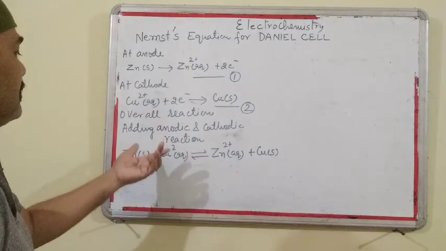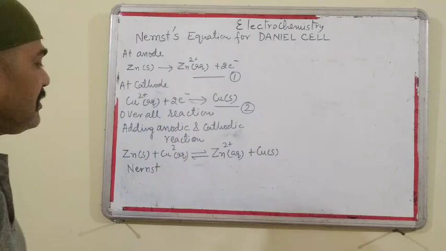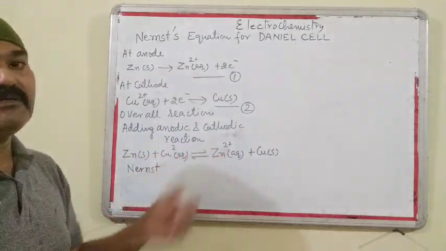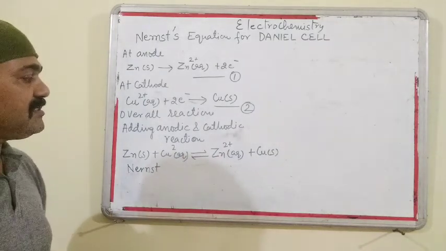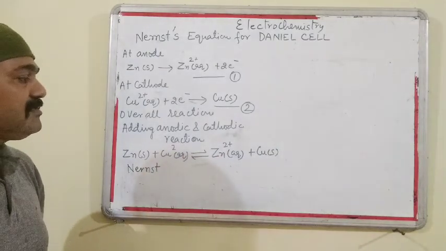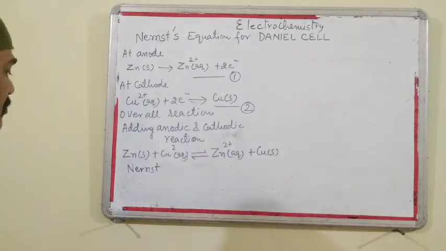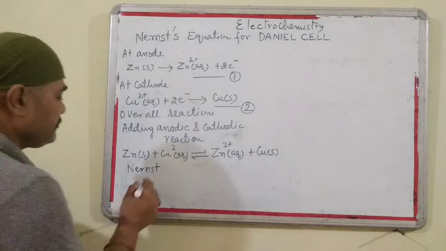The overall reaction, by adding the anodic and cathodic reactions, is: Zn(s) + Cu2+(aq) = Zn2+(aq) + Cu(s).